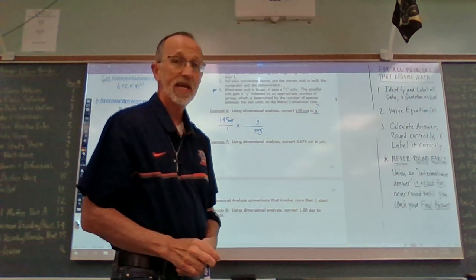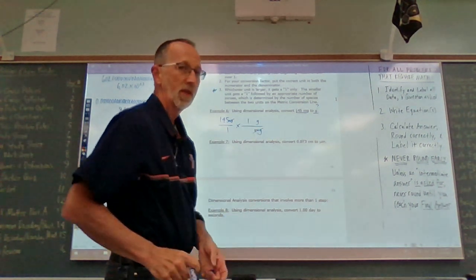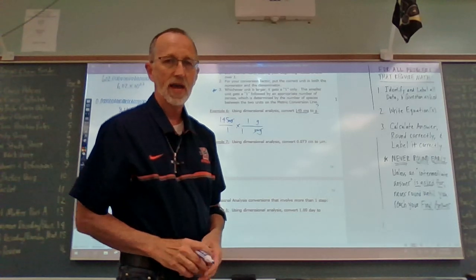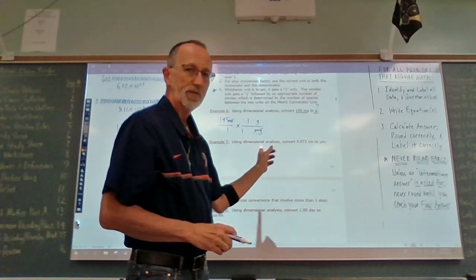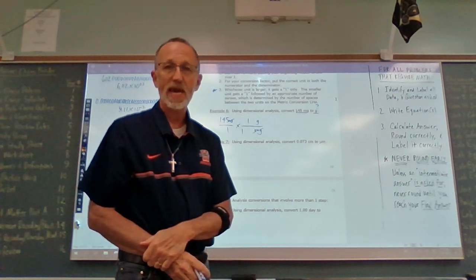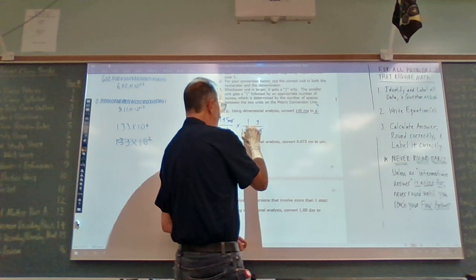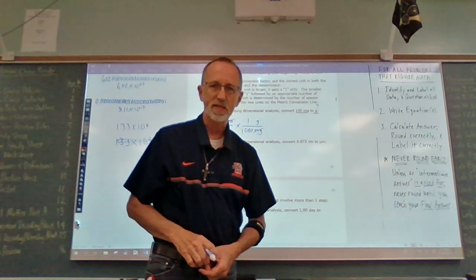So grams is bigger, it gets the 1. Milligrams is smaller, it gets a 1 followed by an appropriate number of zeros. Well, we just said milli is 3 spots away from base. 3 spots, 3 zeros. 1,000. There are 1,000 milligrams in a gram.